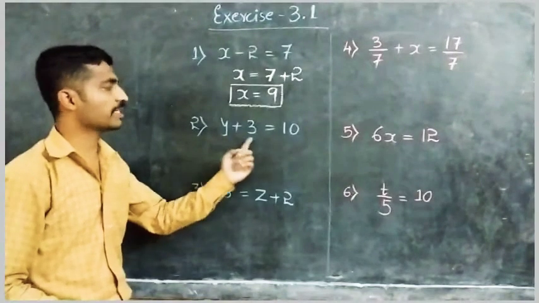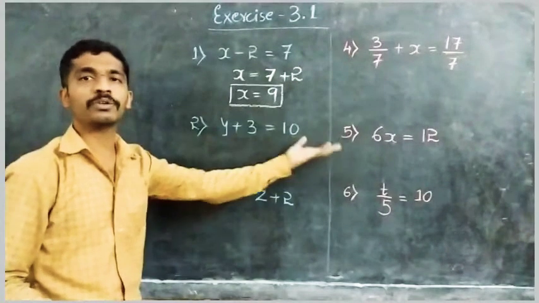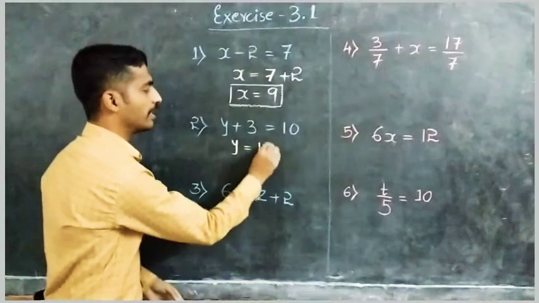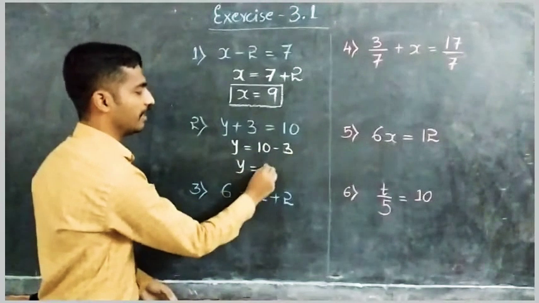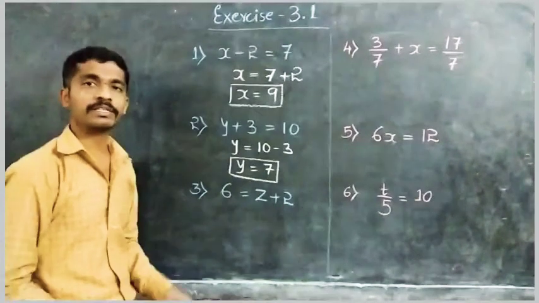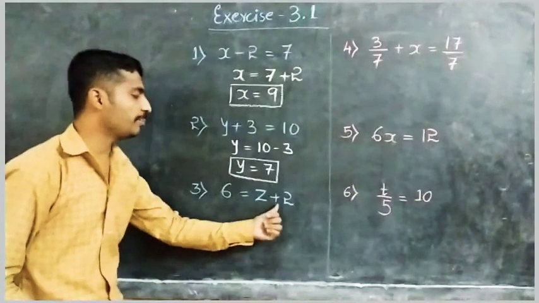Here y plus 3 is equal to 10. Take plus 3 to the right side, it becomes minus. So y equal to 10 minus 3, which is 7. So y answer is 7. Next, 6 equal to z plus 2.